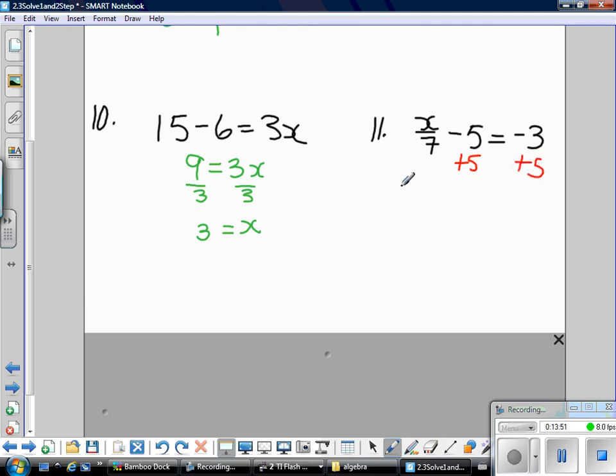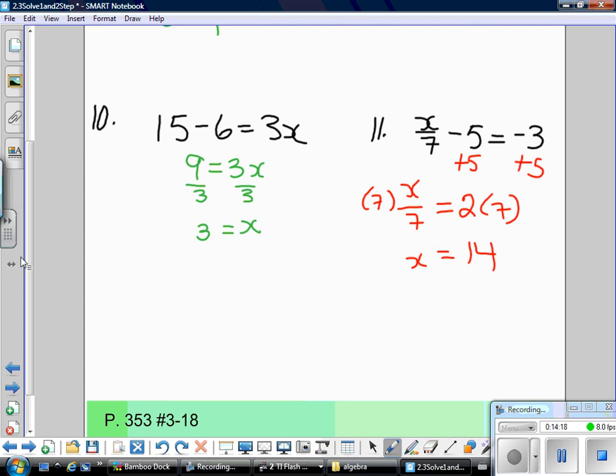Okay, when I do that, I end up with x over 7 plus 0 equals 2. And this is dividing by 7, so I'm going to multiply both sides by 7. And I end up with 7's cancel out to give me 1x equals 14. All right, so lots of practice on these. It's going to be a real important skill.